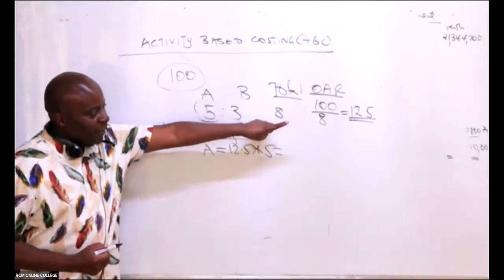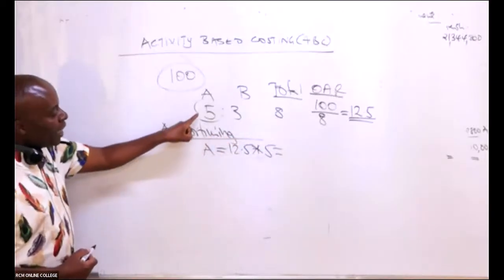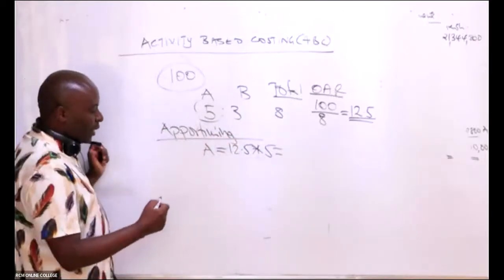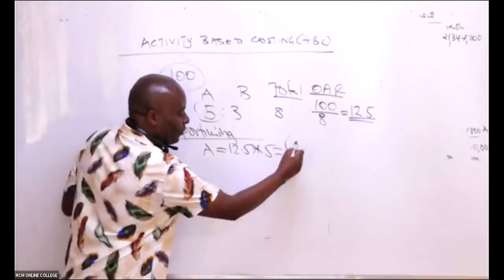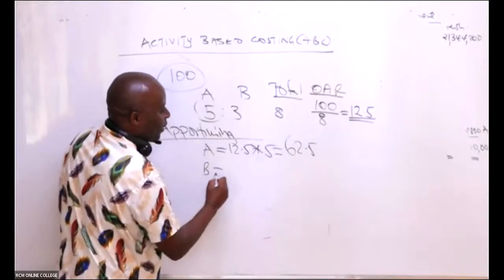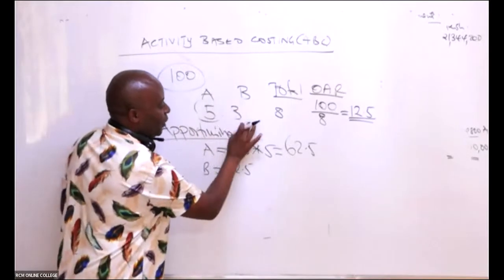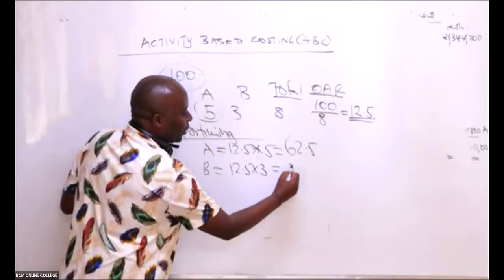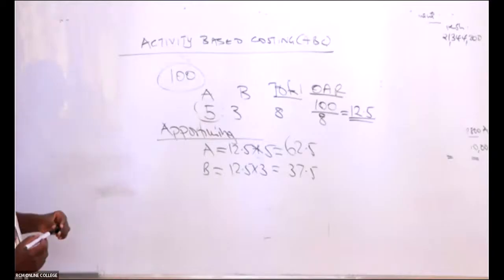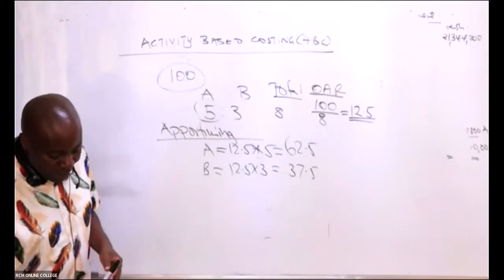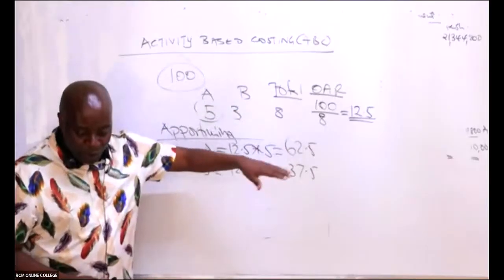Per activity unit, A will be consuming 12.5 and he has 5 units. That gives 62.5, isn't it? And then B, it will be the OAR times his units, times 3. And we shall get 37.5. And now that introduces us to what we call activity-based costing, and we shall be using this simple approach throughout.